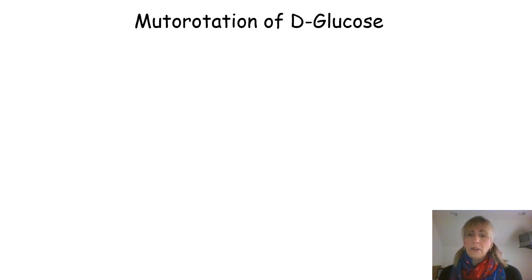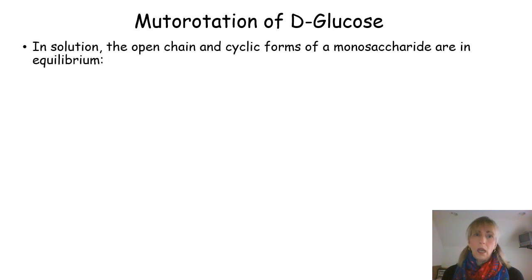So another interesting fact about monosaccharides, D-glucose: in a solution, the open chain and cyclic forms of a monosaccharide are in equilibrium.